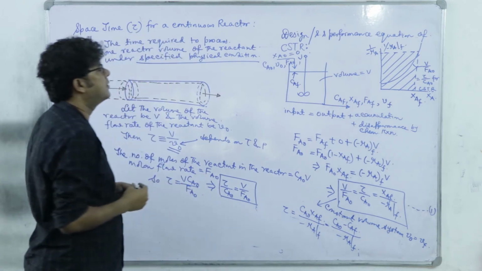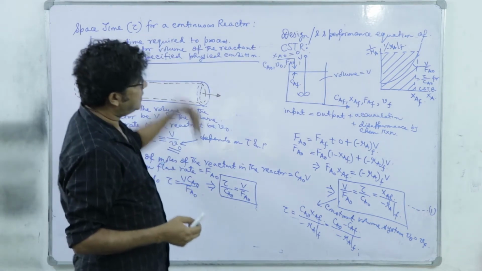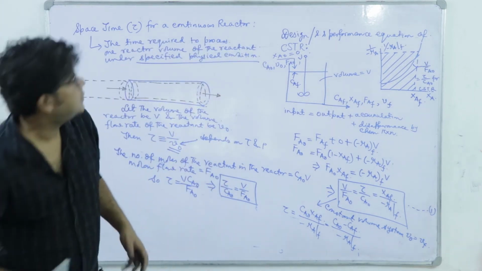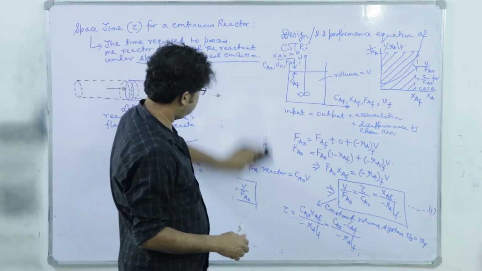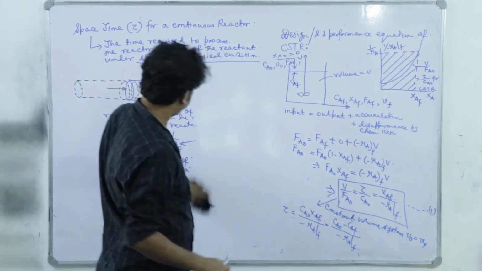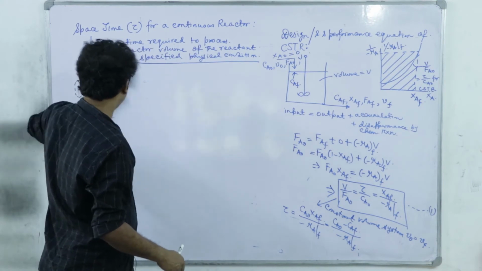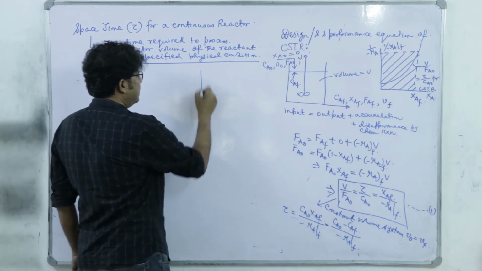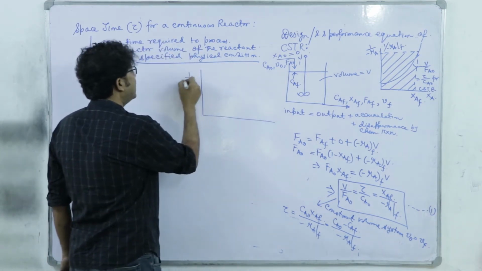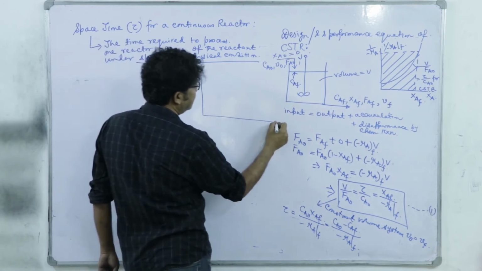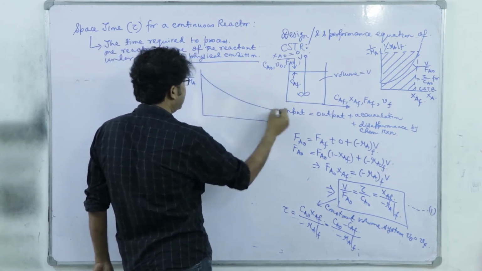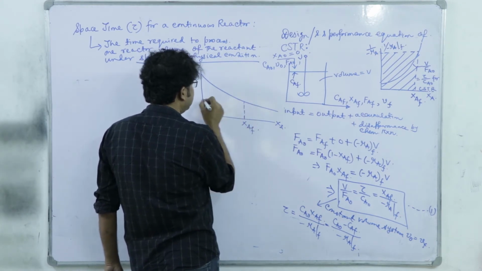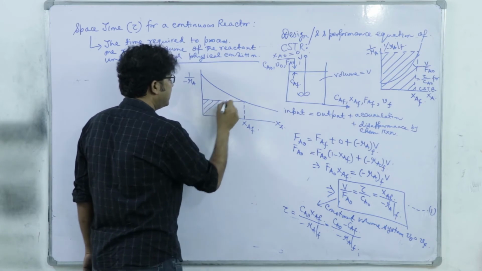Even if we have a negative order reaction, where 1 by minus Ra versus Xa is just like this, and this is my XAF, you can see that this will be the area.